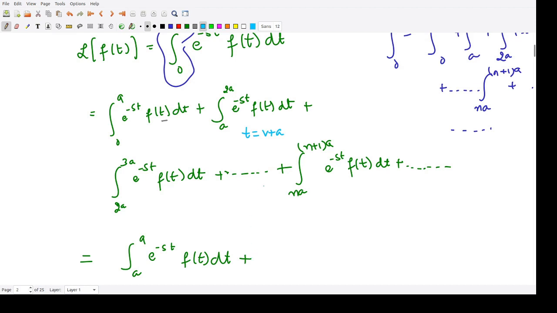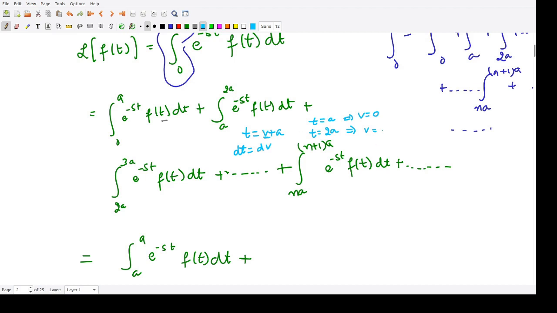So here, what would be dt? dt would be dv, and what would be the limits? Whenever your t is a, what is your v? This implies v is equal to 0, and whenever your t is equal to 2a, you substitute 2a in place of t and calculate v.